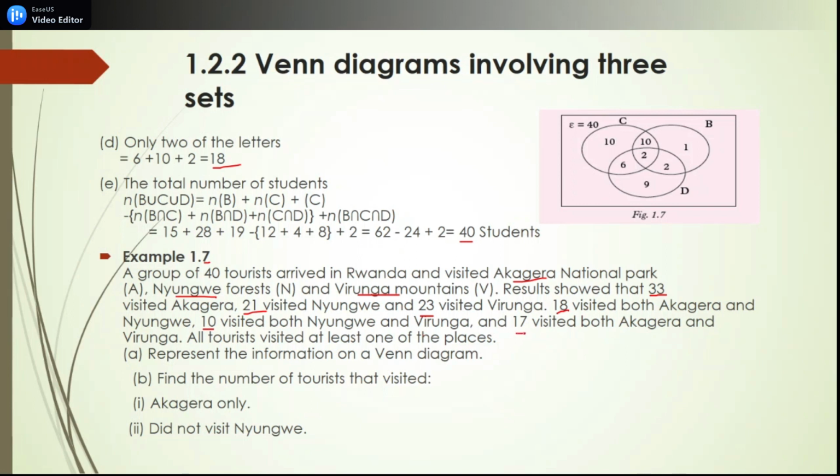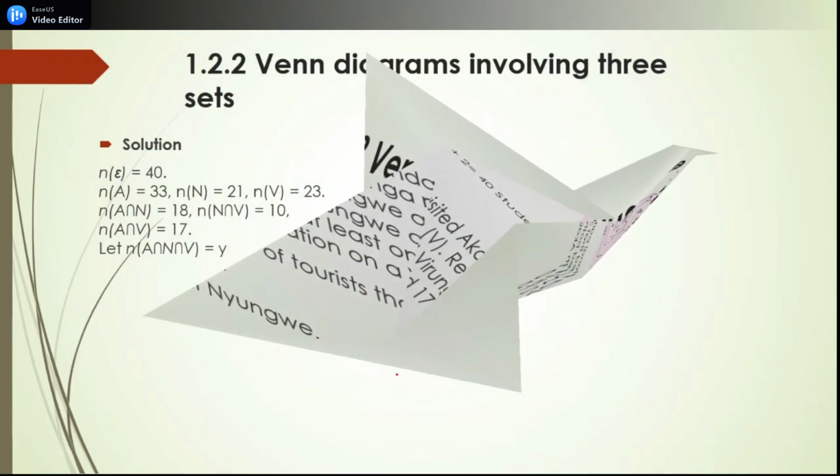We have to draw a Venn diagram of 3 sets and represent all the elements. All tourists visited at least one of the places. Represent the information on a Venn diagram.